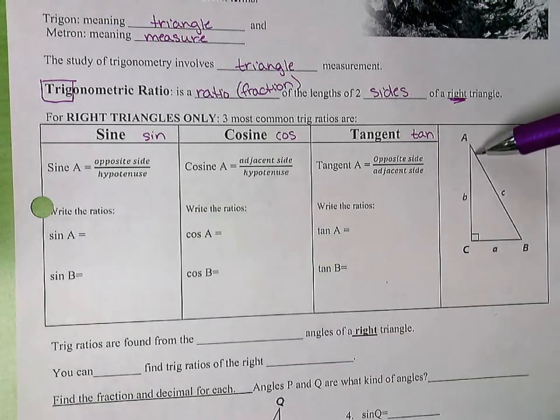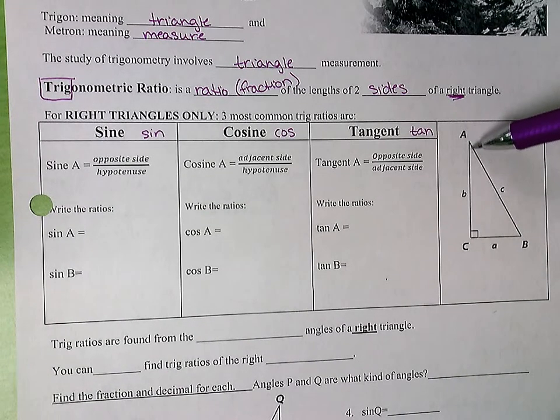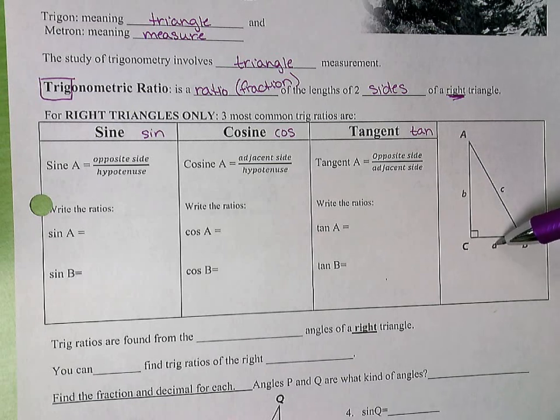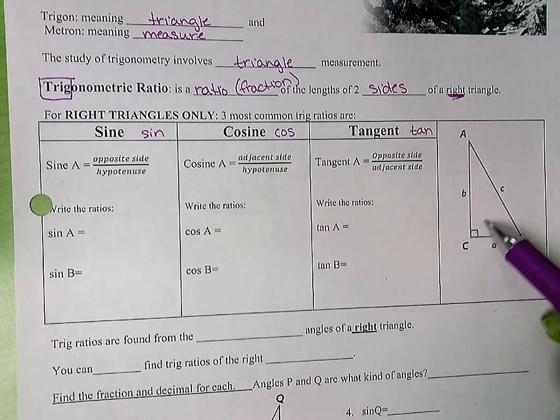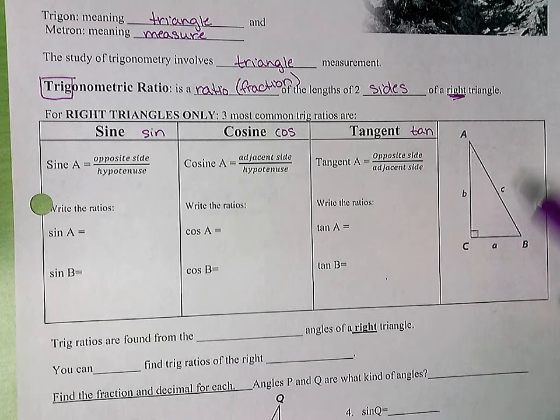Okay, so if I go from angle A, opposite sides are the sides across from. So from angle A here, opposite would be lowercase a. Your hypotenuse, again, is always opposite your 90-degree angle. That one will always stay the same.